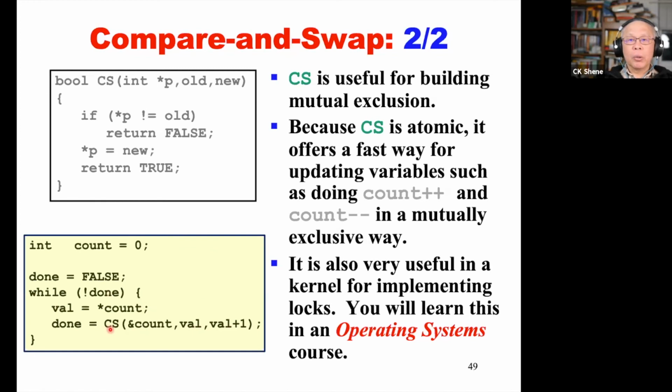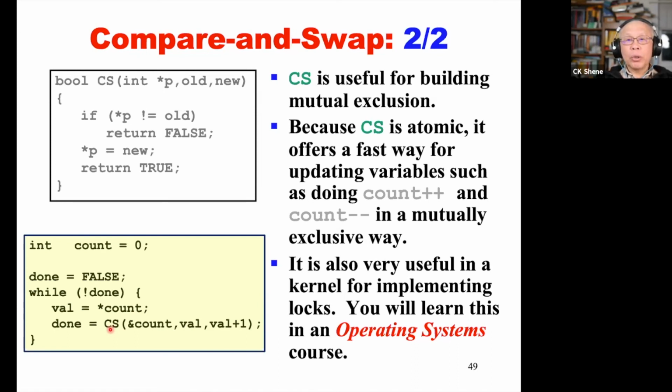The hardware will choose a process to execute that atomic instruction. Now, if that is the case, that process may have updated the value of count to something. Say, if the original is 0 and you want to make it 1, but that process made it 1.